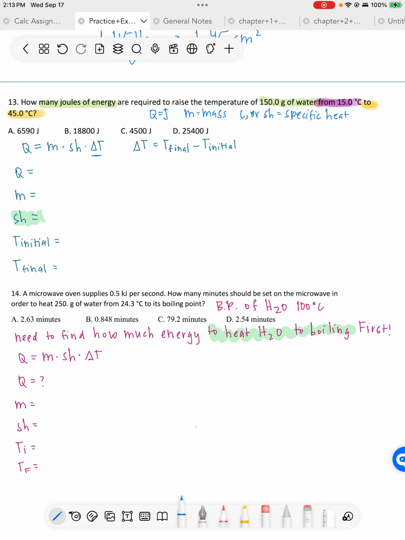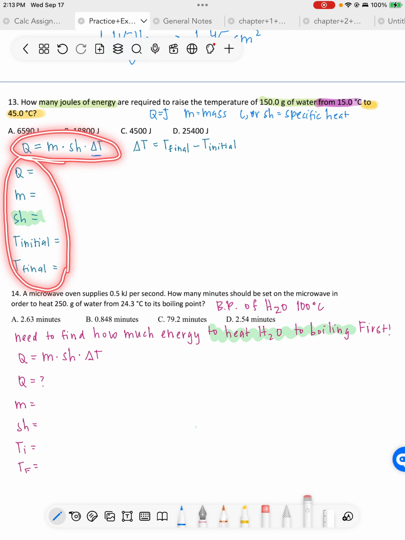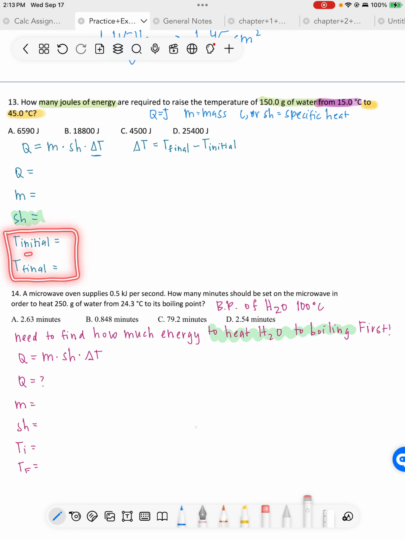My next piece of advice is to write down all of your variables. All of the variables from this equation, write them down, and write your change in temperature as initial and final. And we're just going to go through and write the numbers next to the variables. So we know that we are trying to find Q, the energy. The mass was 150 grams of water.